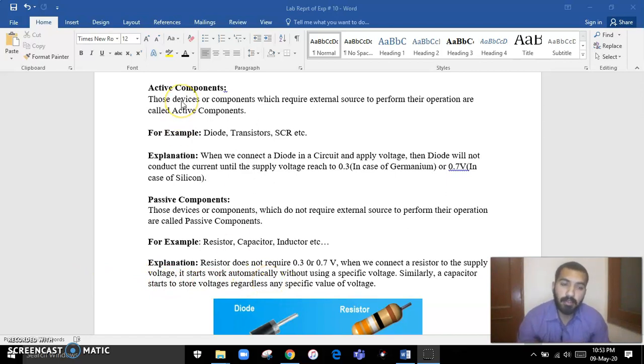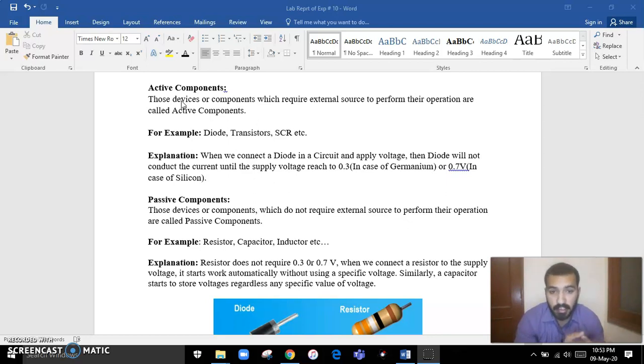In the case of active components, I was talking about a specific value that diodes take, like a silicon diode taking 0.7 volts and a germanium diode taking 0.3 volts. In the resistor or capacitor case, it's not like that. The resistor does not depend upon any specific value of voltage, and the capacitor does not depend upon any specific value of voltage or current.